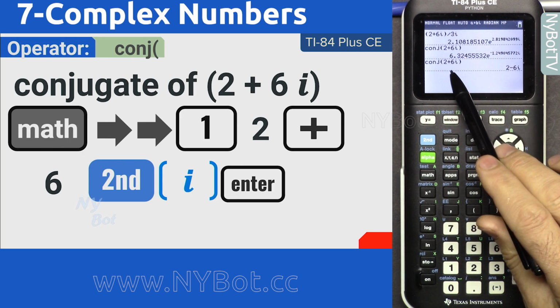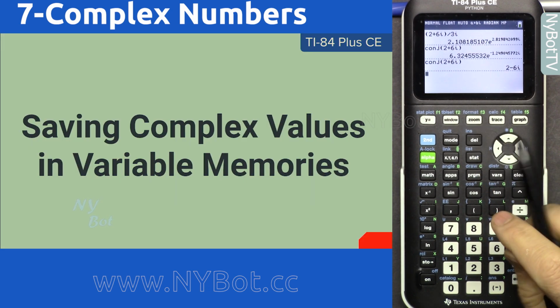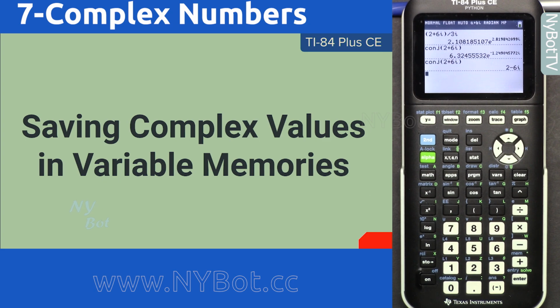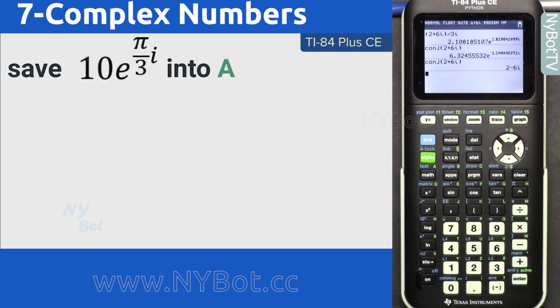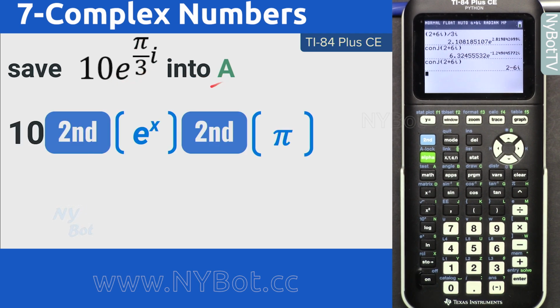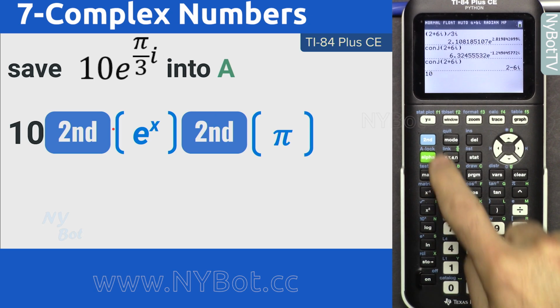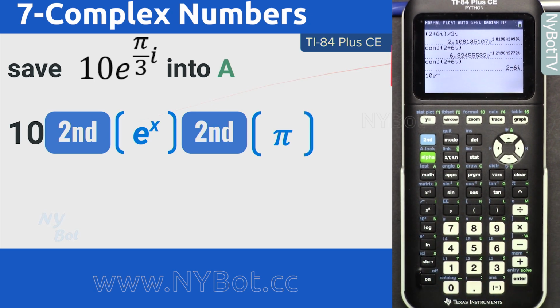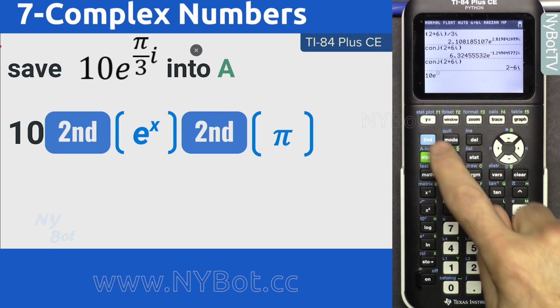of the previous expression. Now let's have a look at saving complex values in variable memories. Now let's save 10e to the power pi over 3i into memory A. Let's bring this on the screen. A, we can insert a 10, second function e, and then second function pi.